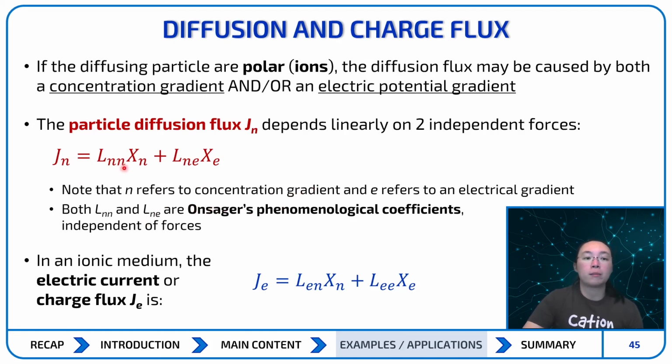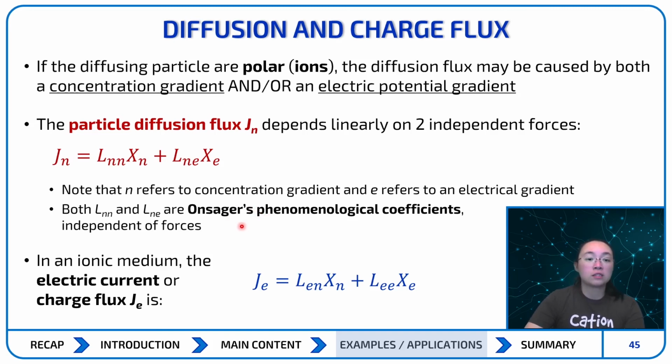So Jn is equal to Lnn Xn plus Lne Xe. E refers to the electrical gradient. Both of these constants, Lnn and Lne, are called Onsager's phenomenological coefficients, the long name, and they're independent of forces.